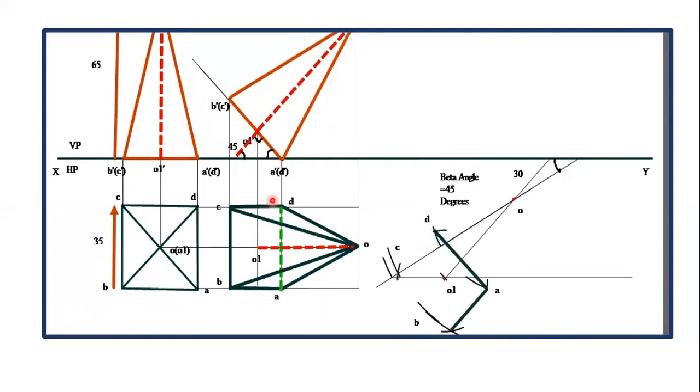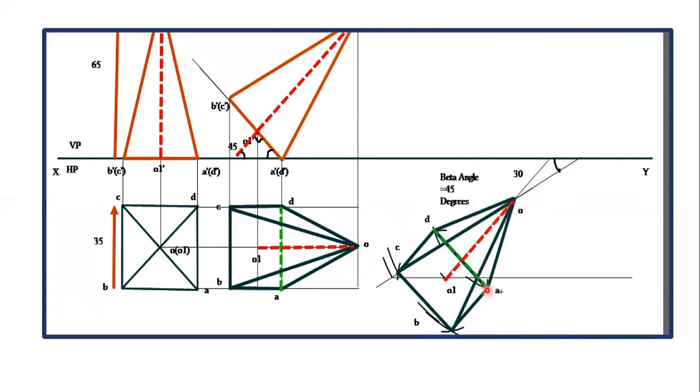Only A to D should be hidden, and O1 to O should be the axis line. All other lines have to be in visible line thickness. Connect from A to O and D to O. Even C to O and B to O have to be visible. Make A to D hidden because in the second position A to D is hidden, and O1 to O will be the axis line.